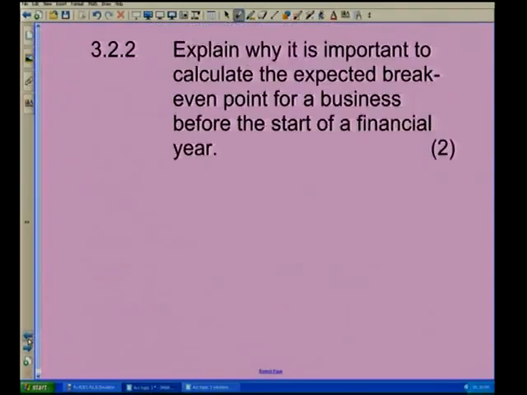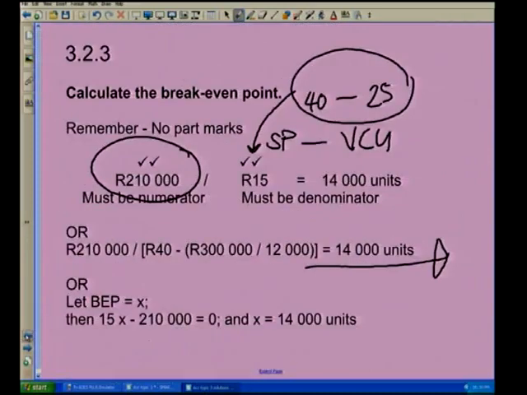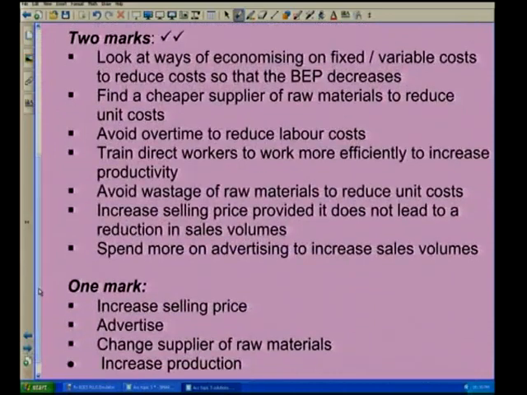Obviously, you can see that we are producing below the break-even point. How do we know that? From our question. Remember in the question, what did they tell us? Produced 12,000. What was my break-even point? I calculated my break-even point, do you remember? 14,000 units. So clearly you can see we are below the break-even point.